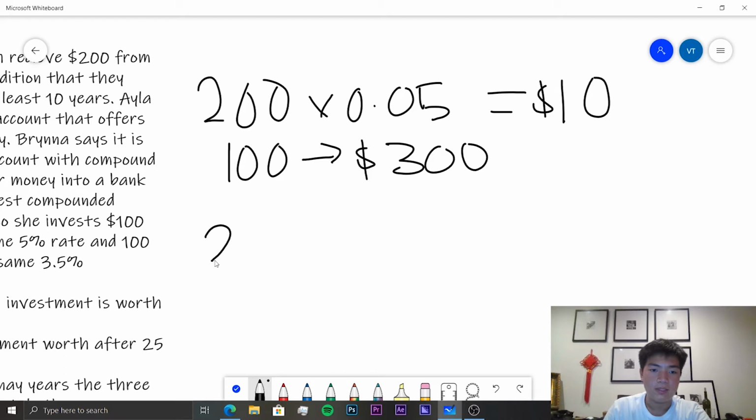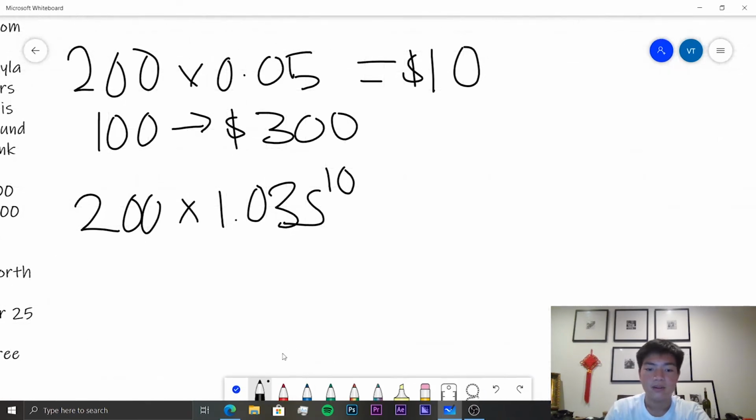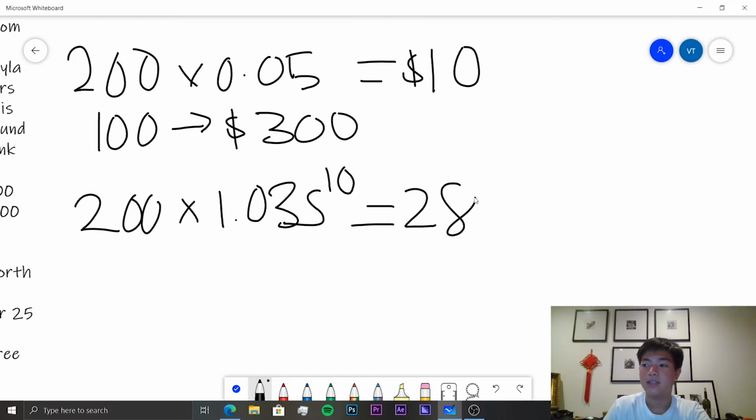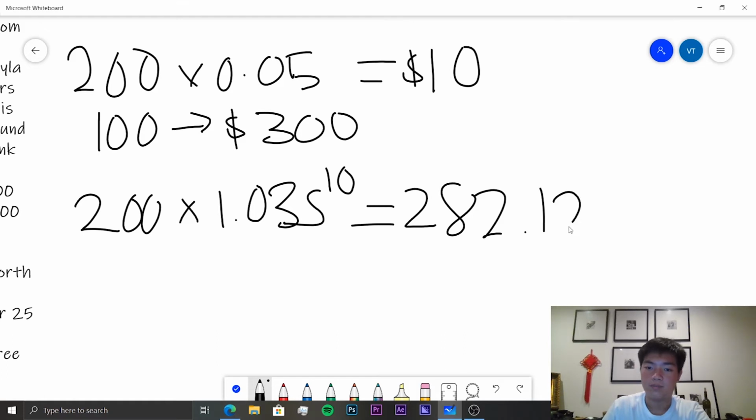Brenna, well, that will be 200 times 1.035 to the power of 10, because it is compounded each year. Let me get a calculator. 200 times 1.035 to the power of 10 is equal to $282.12. So a bit less than Isla's.